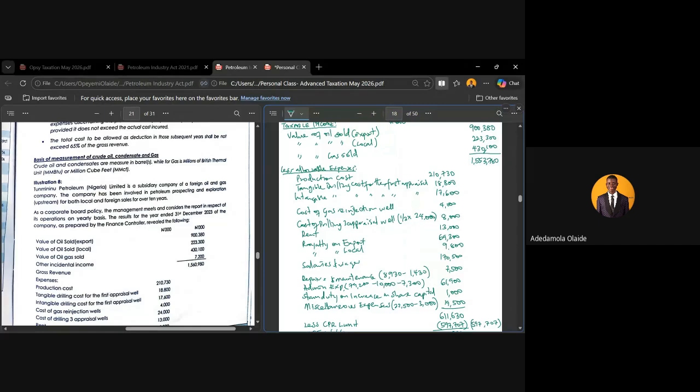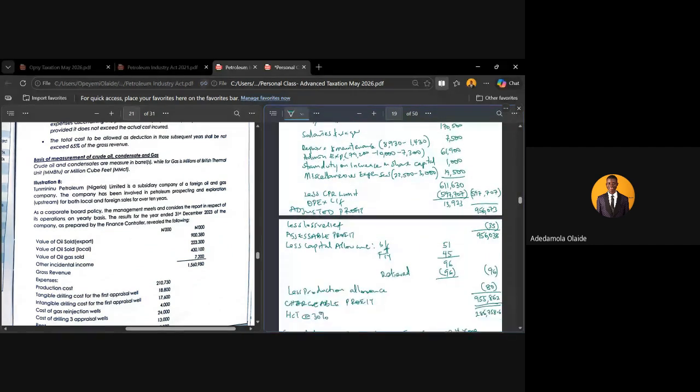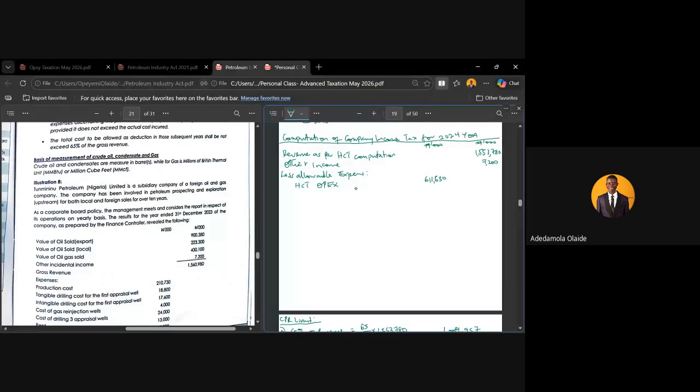Then we look at these expenses and strike out anyone that is not allowable for this purpose. We have production cost, all of those ones are there. But if you look at it, I think stamp duty on increase in share capital is the only expense that is allowable under hydrocarbon tax that is not allowable under capital gain on assets.